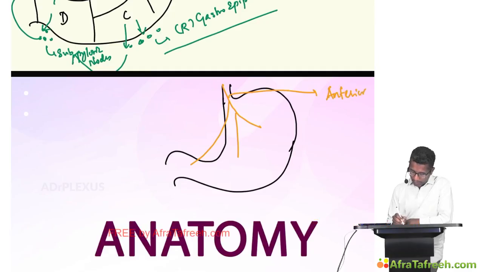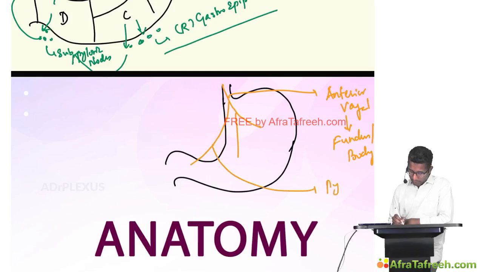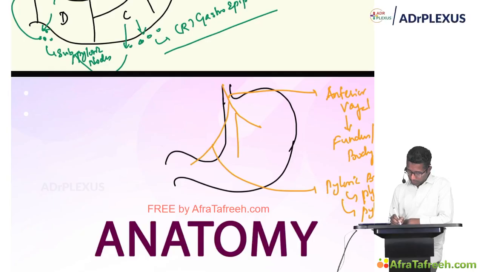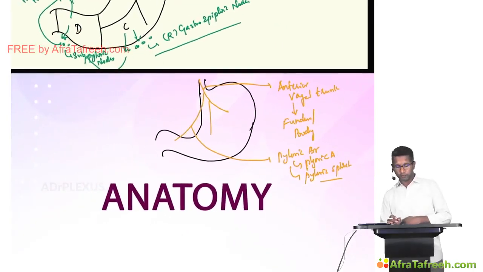It mainly supplies the fundus and the body, and this branch is called the pyloric branch, which supplies the pyloric antrum and the pyloric sphincter.